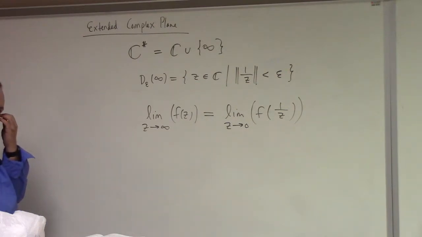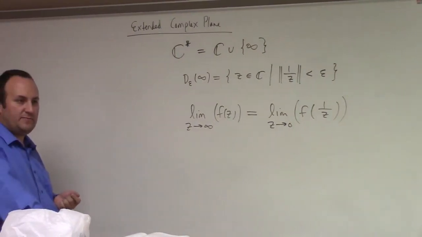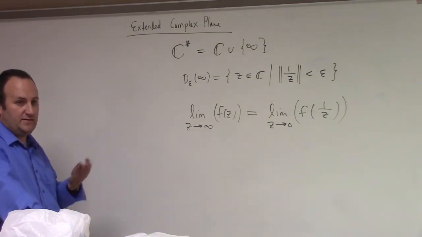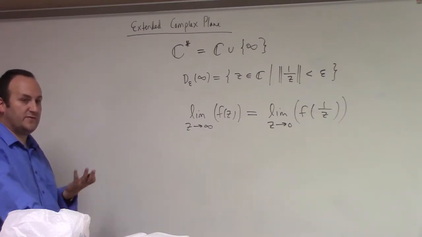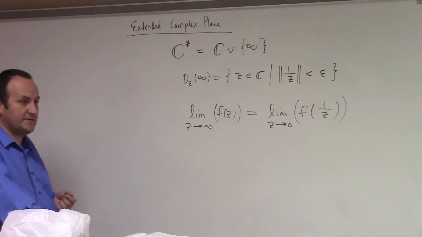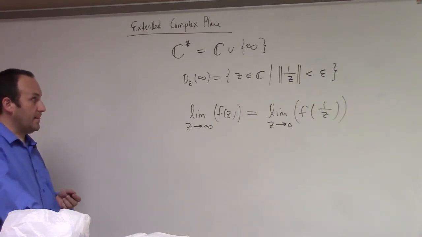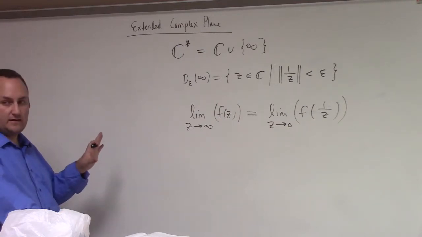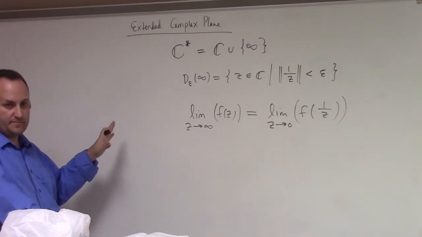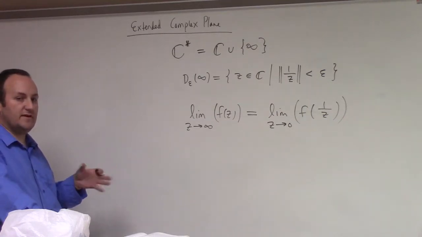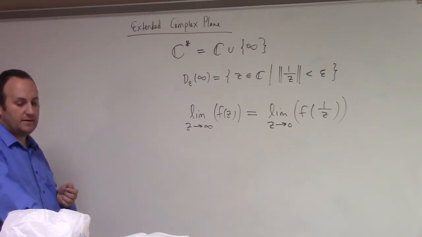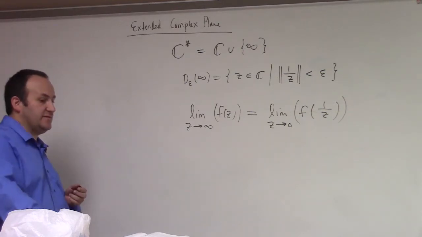So you can do things with infinity by replacing functions of z with functions of 1 over z, and you think of 1 over 0 as infinity, essentially. Anyway, I'm not going to say more about that today. We'll come back to this some other time when it's more appropriate. It's going to come up as we talk about the Mobius transformations that I'm about to talk about.